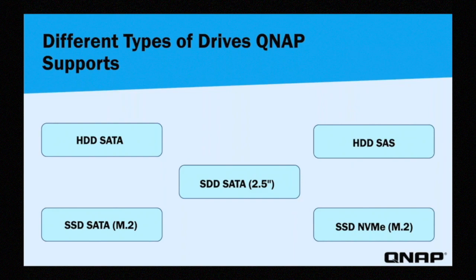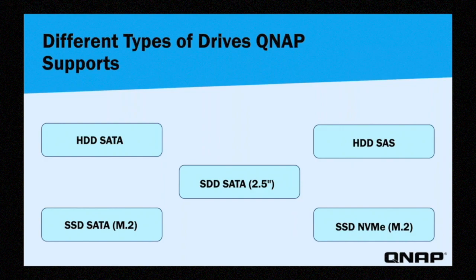This is ideal if you're looking for a solution with both HDD and SSD storage, because while you can accomplish this with a NAS composed of all 3.5-inch bays, this will be more space efficient. Among the 2.5-inch bays, some support SATA SSDs and others support U.2 NVMe SSDs. So you'll want to confirm that you get the NAS with whichever one you're looking for and then fill the NAS with the appropriate drives.